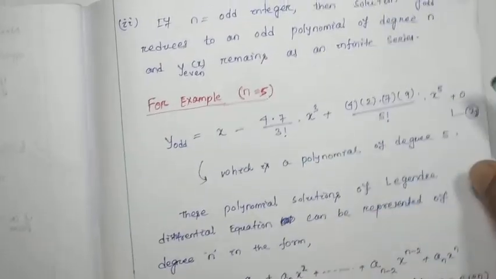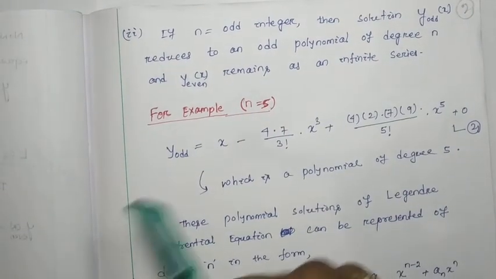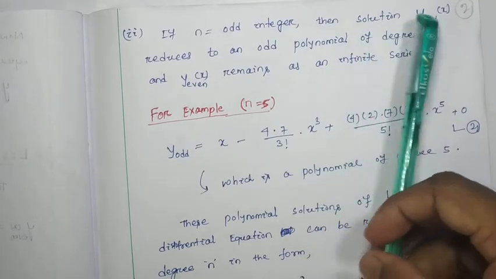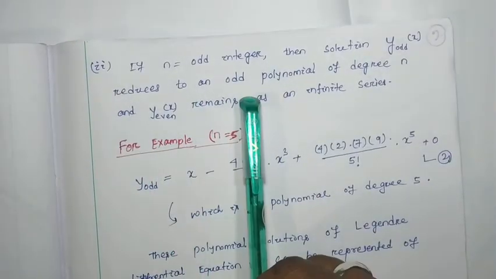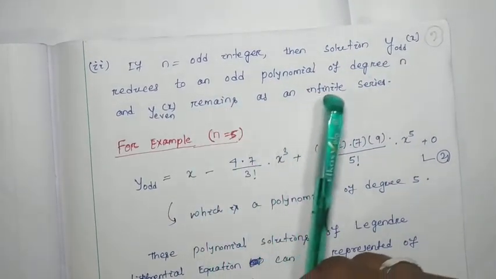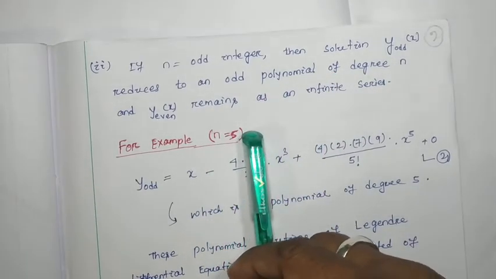Likewise, if we consider n equal to odd, so if n is an odd integer, then the solution y odd will be reduced to an odd polynomial of degree n, and y even remains an infinite series. We have to check by considering n equal to 5.